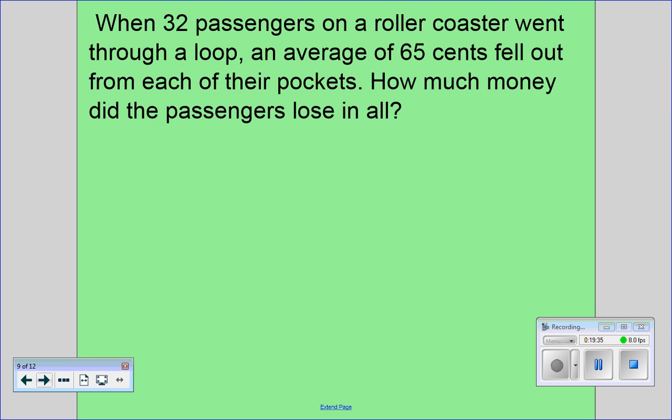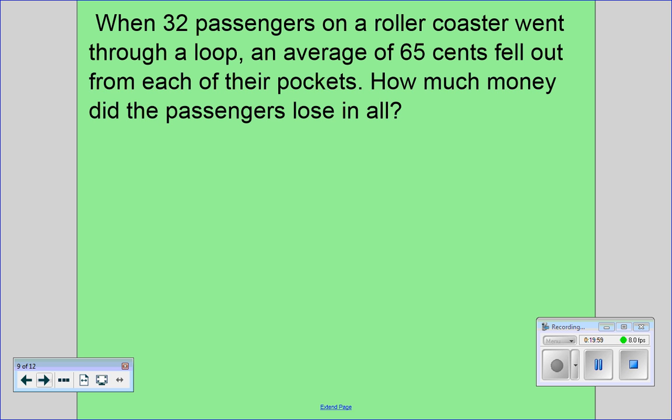Fell, yeah, fall. Okay, so 32 passengers on a roller coaster went through a loop, an upside down loop. An average of 65 cents fell out from their pockets. So each person lost an average of 65 cents. If I were you, I'd want to be at the bottom of that, catching everybody's money. How much money did the passengers lose in all?